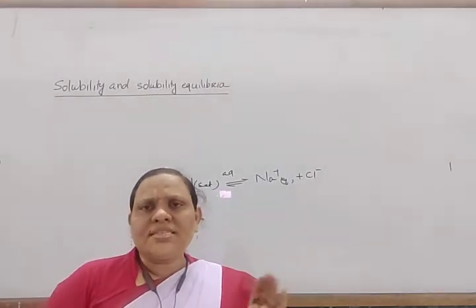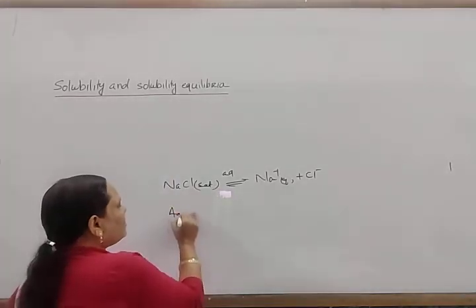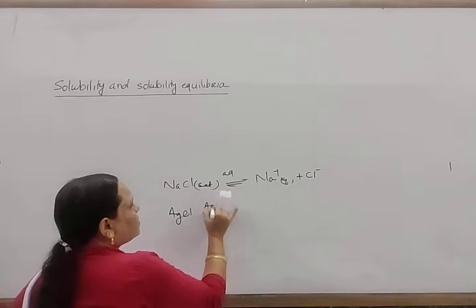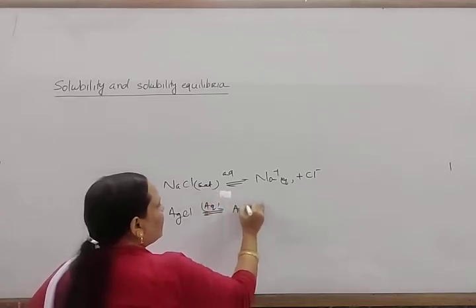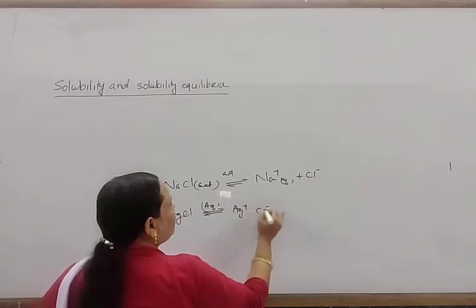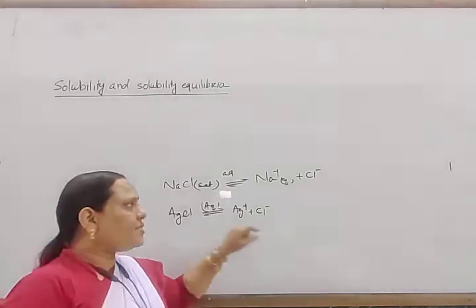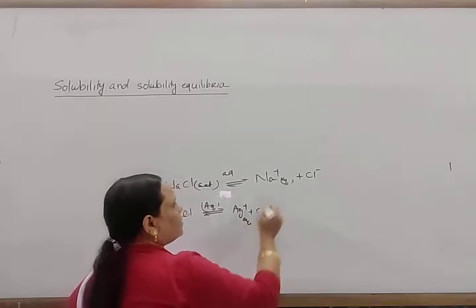In this way, there exists an equilibrium between the undissolved salt and its ions. For example, take silver chloride. In the aqueous solution, it is in equilibrium with its ions, that is Ag+ and Cl-. This is also in aqueous condition.